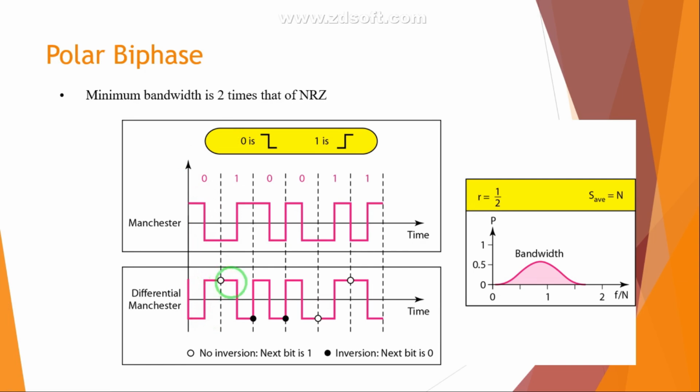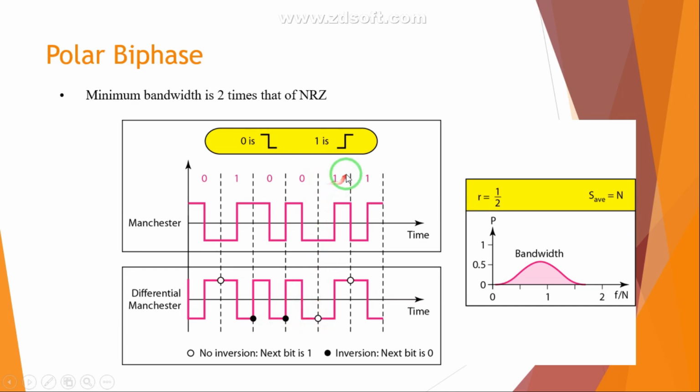And since over here the next bit is 1, there is no transition at the beginning, remember. So no transition at the beginning, and then at the middle of this bit it makes a transition. Since the next bit is 0, it is going to make a transition at the beginning itself. Earlier it was negative. Since the next bit is 0, it makes a transition from negative to positive. Similarly, the next bit is 0. Again it is going to make an inversion, because earlier it was negative, so it is now going to make a positive to negative transition.